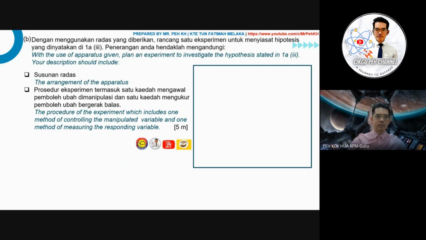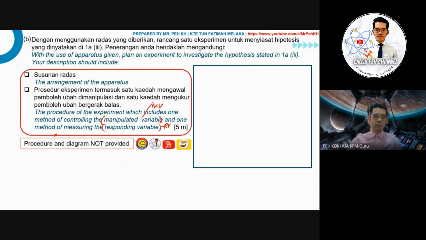In this question, your description should include the arrangement of apparatus and the procedure of the experiment, which includes one method of controlling the manipulated variable, so you need to give the MV, and one method of measuring the responding variable. So you need to know the RV for the experiment.